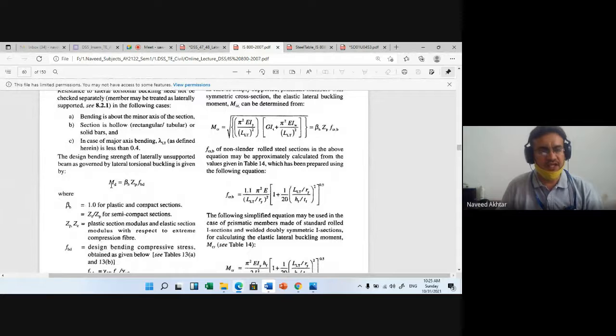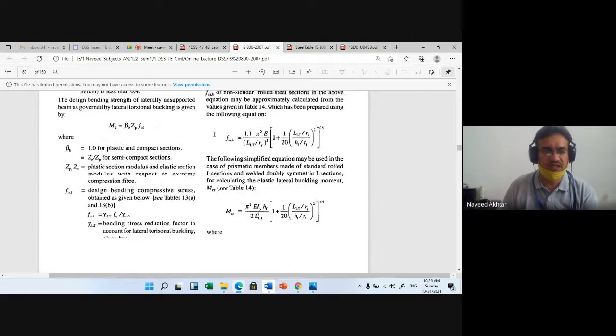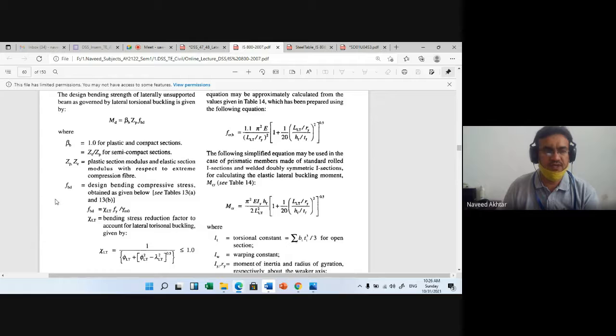The design bending strength of the section is given by MD equals beta B ZP into FBD. That you have to find out. And before that, you have to find out the MCR, and FBD you will calculate by using the empirical formula. So how can we find out the MD?